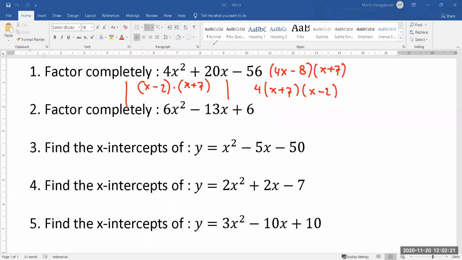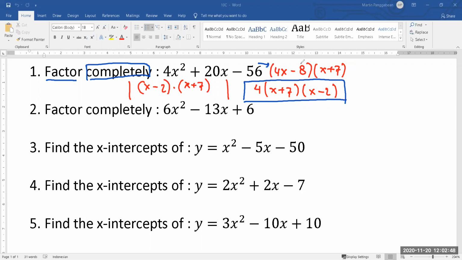Actually, the third one is technically correct. Okay, so let me explain. The expected final answer is this, since we have to factor completely.